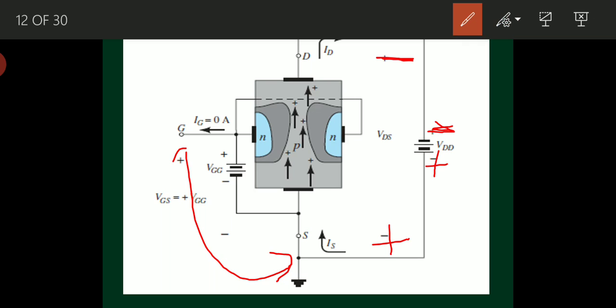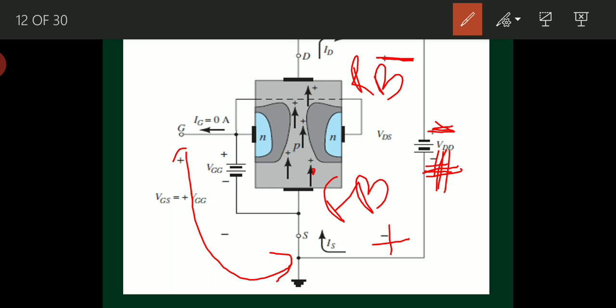So when VGS is not zero, what will happen? Here, this positive voltage is making the source terminal forward bias, and this negative potential is making this terminal reverse bias.